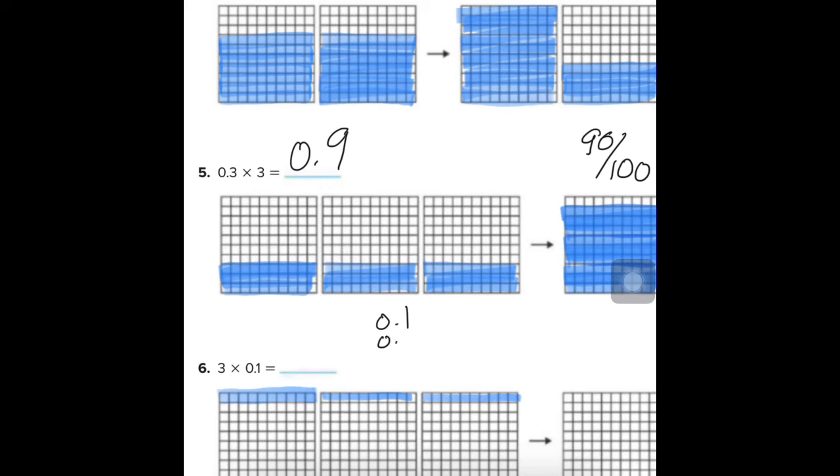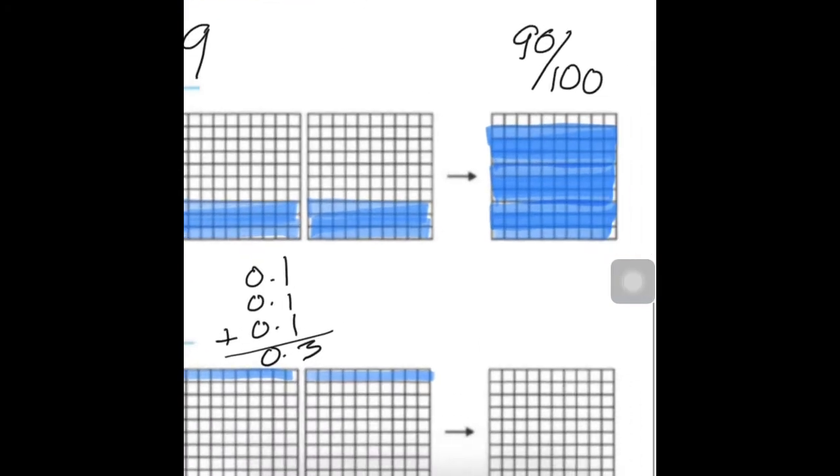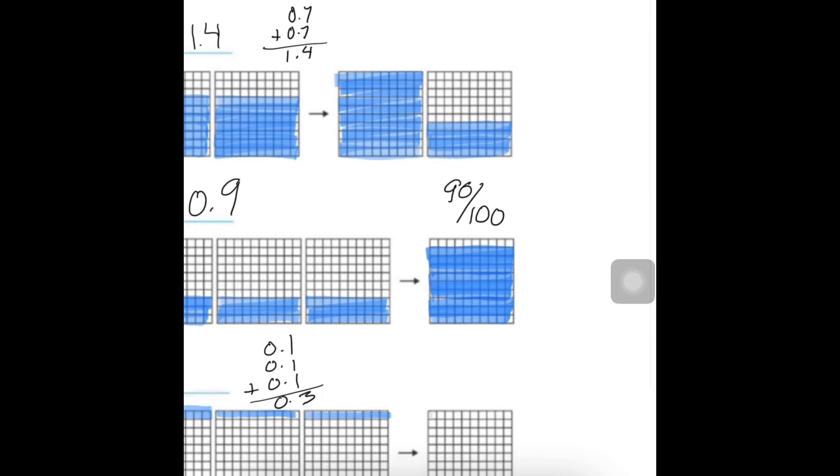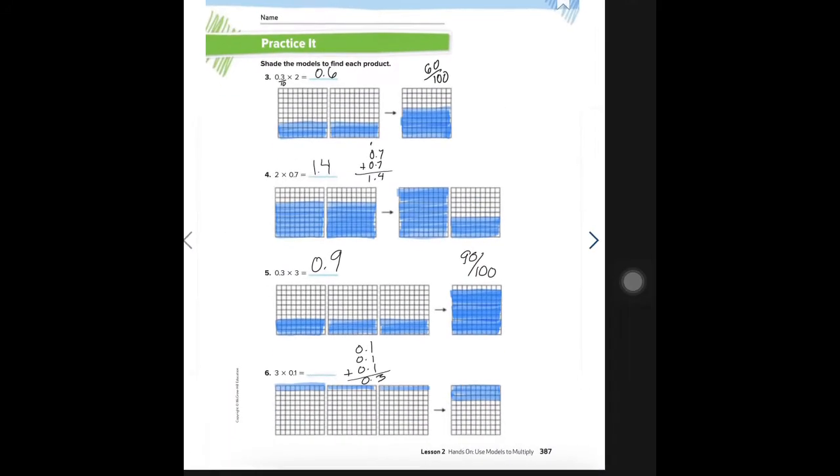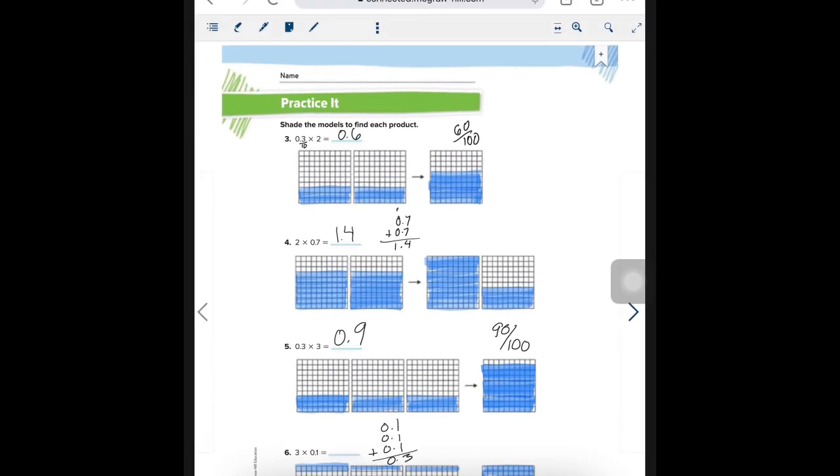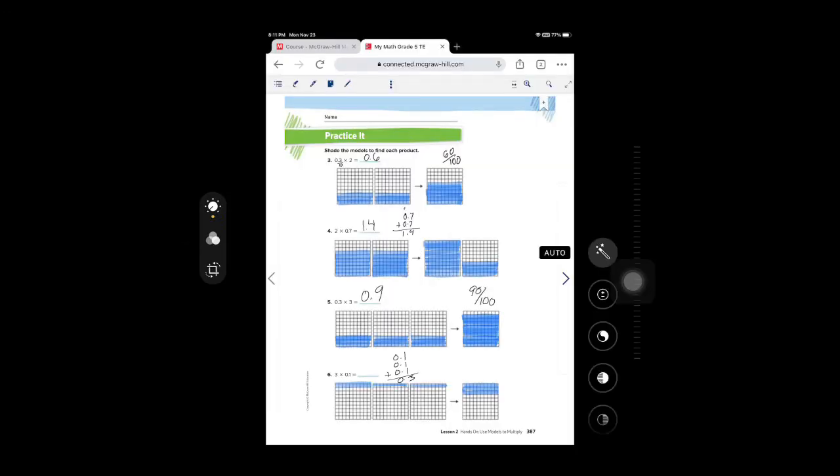So if we have 1 tenth plus 1 tenth plus 1 tenth, 1, 2, 3, we're only going to fill in 3 tenths over here. There you go. There's your answer key for page 387.